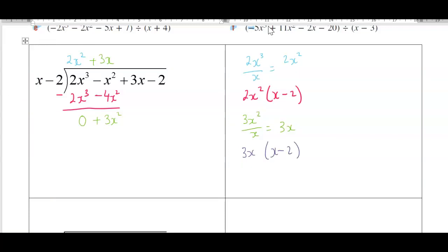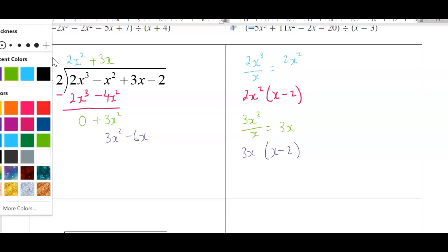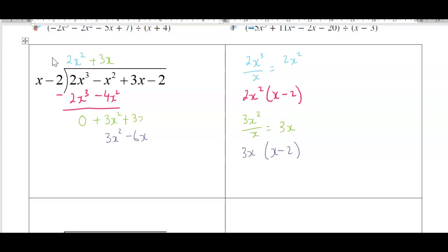We're multiplying it through by our dividend. So 3x times x is 3x squared, and you should end up with the same term. And then 3x times negative 2 is negative 6x. All right, and I'm just going to bring this term down, so plus 3x.